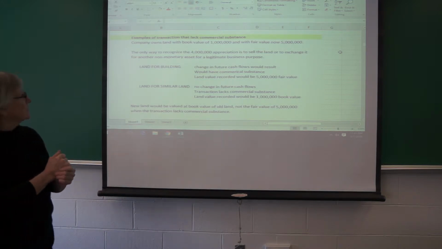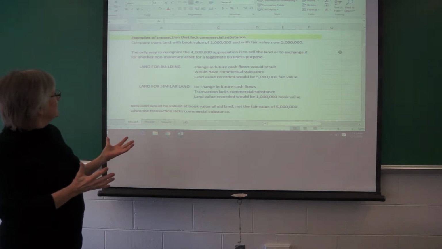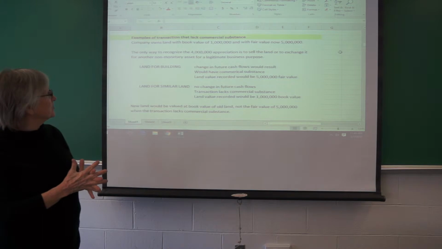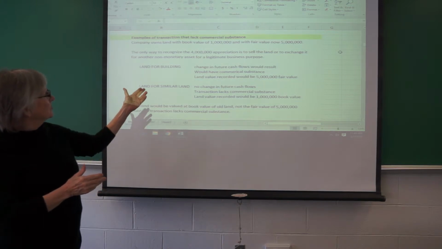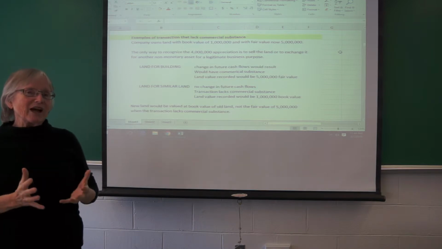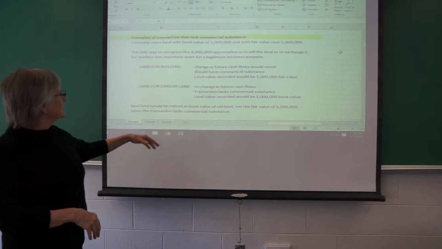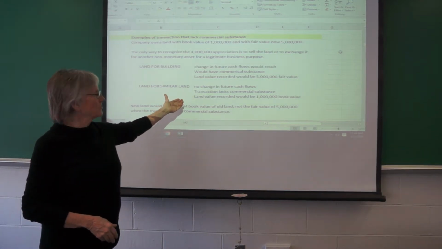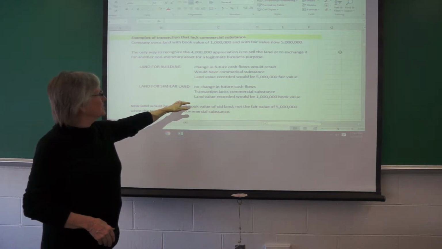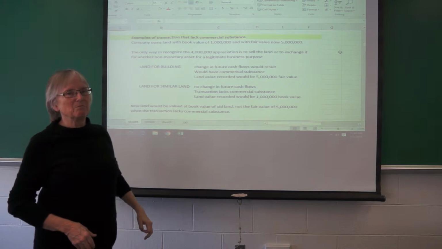So if you did the land for the building and there would be a future change in the cash flows, the land would be recorded at the $5 million fair value. When we get into lacks commercial substance and you're simply exchanging similar pieces of land, the land would come on the books at that $1 million book value.